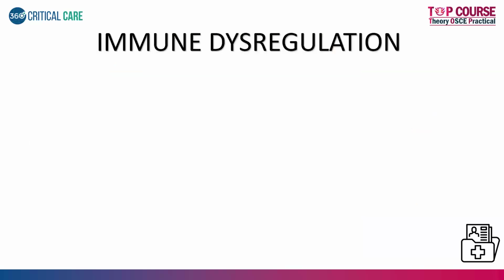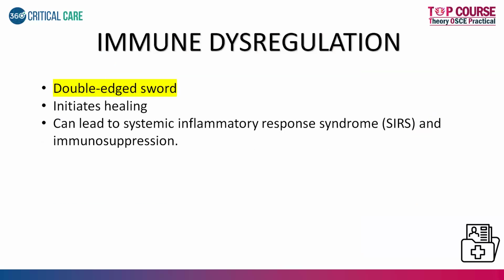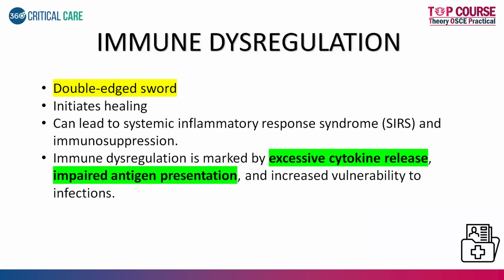Okay. So coming to immune dysfunction, I told you earlier, right? It is actually a double-edged sword, and initially it will help you. There will always be two types of inflammatory markers: your pro-inflammatory and your anti-inflammatory. Both are necessary for tissue recovery. But in burns, there will be some amount of dysregulation.